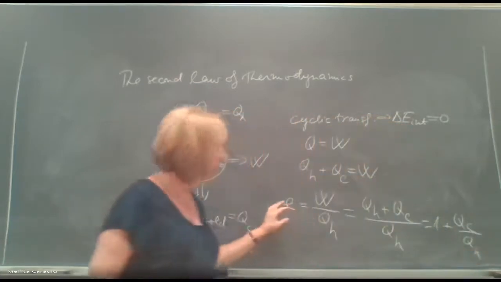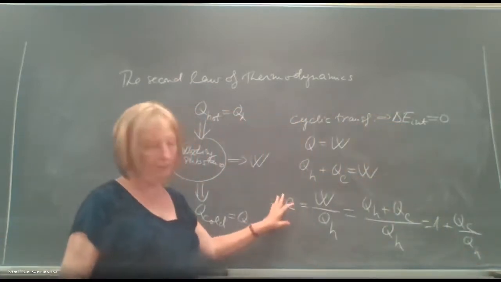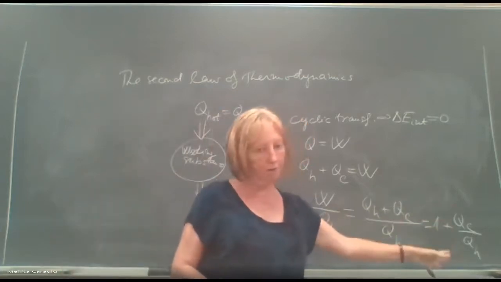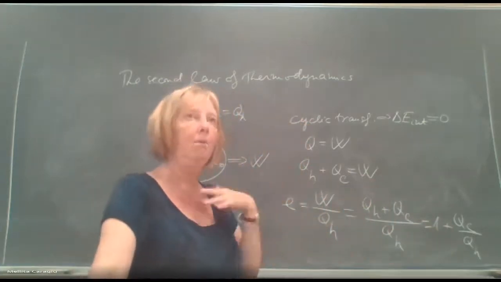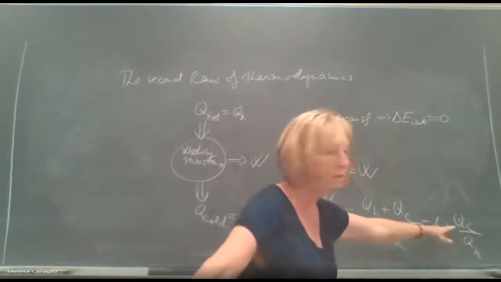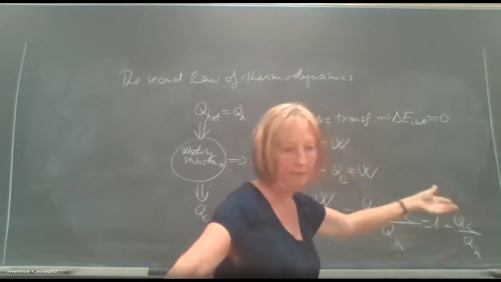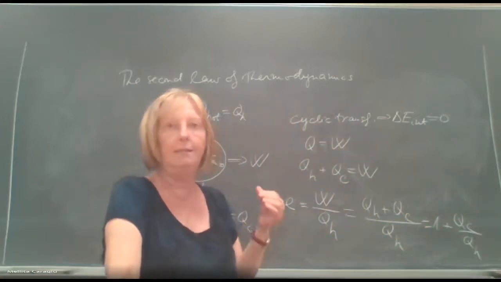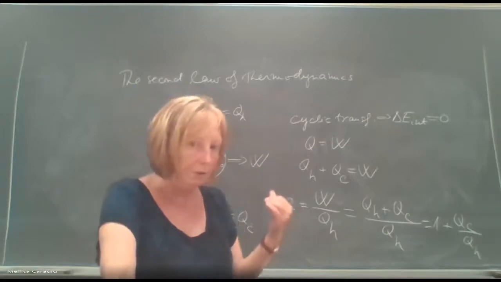And if we're looking at this formula, efficiency of a heat engine equals 1 plus Q cold over Q hot, people might think, oh my gosh, so are you really saying that the efficiency is more than 1 because it's 1 plus something? And by the way, efficiency 1 is the same as saying efficiency 100%.